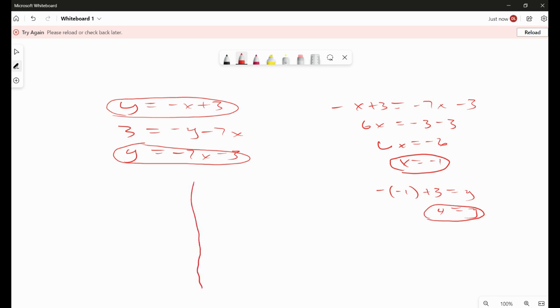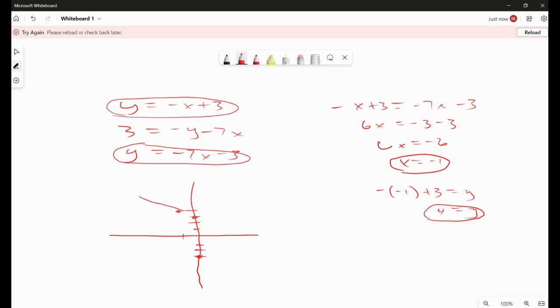I'll redraw it again. My intersection point, and again, you can use the calculator to do this. I'm just kind of lumping it all into one. Negative 1 and 4. And then I'm going to use my intercepts. So negative 3's down here like this, and then positive 3's up here like this.